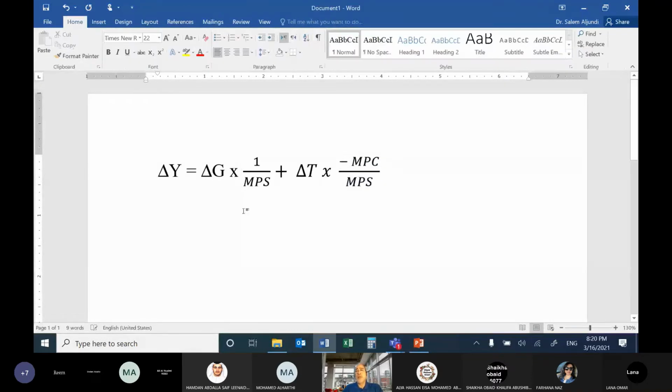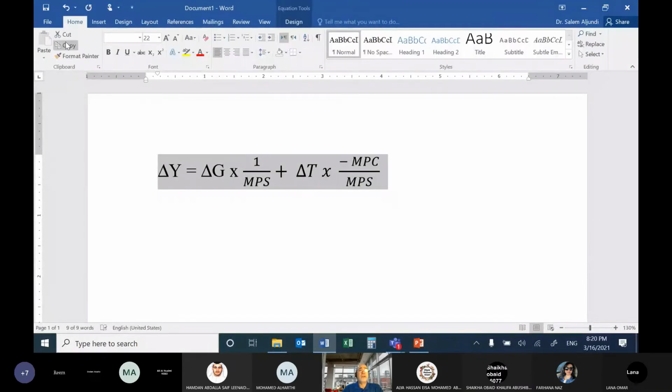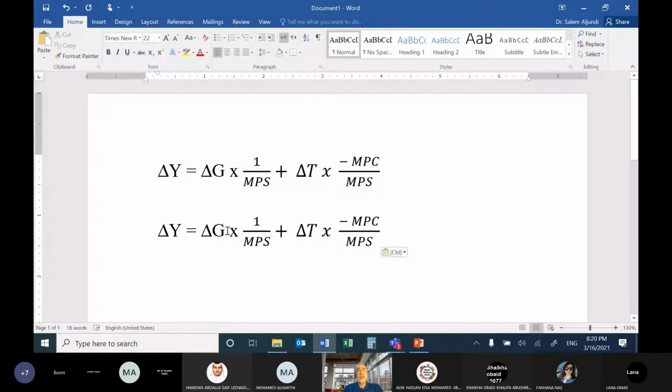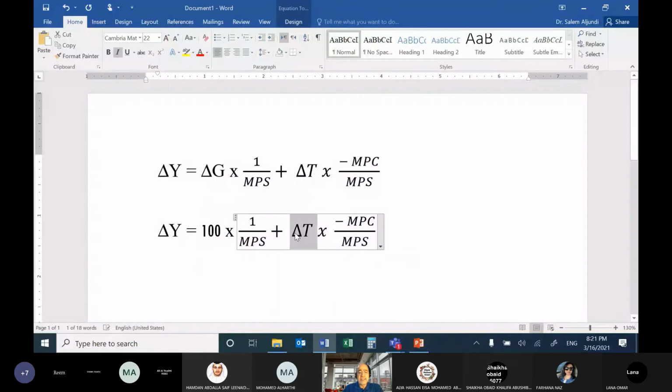So what I will do, copy, paste. Assume the government increases their expenditure by 100 and also increases taxes by 100.